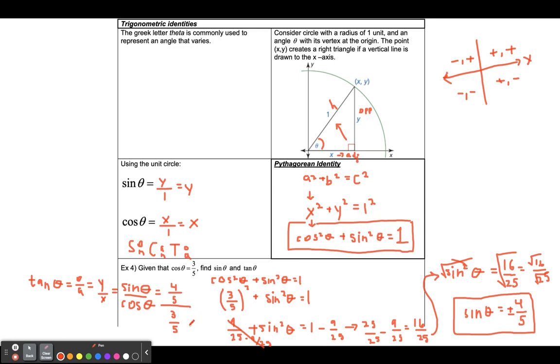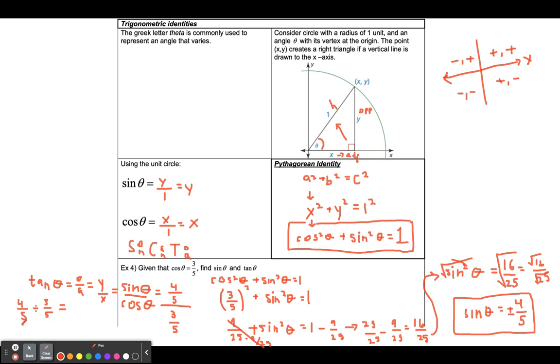Okay. And then I can go ahead and actually solve this, right? 4/5 divided by 3/5. And remember, when we're dividing fractions, you can always rewrite into a multiplication just by flipping the second term.